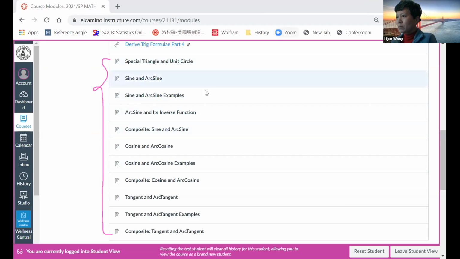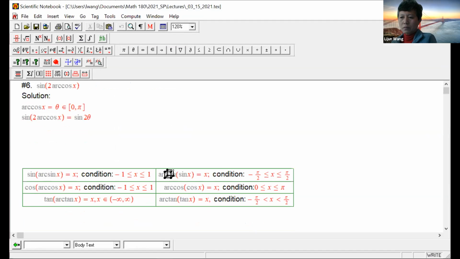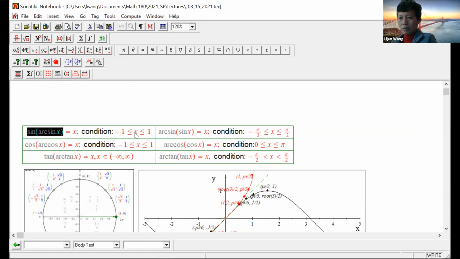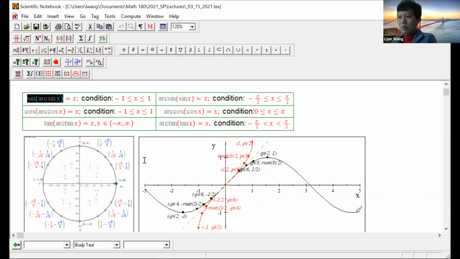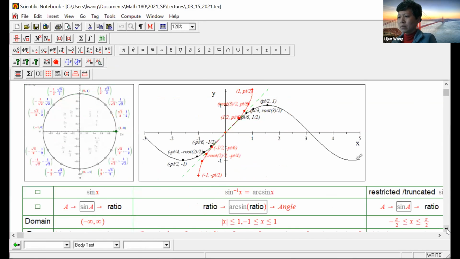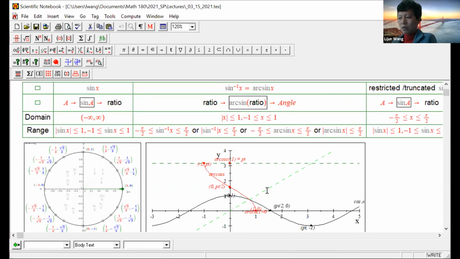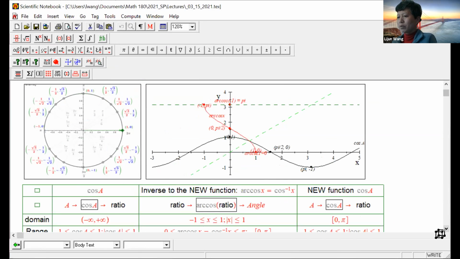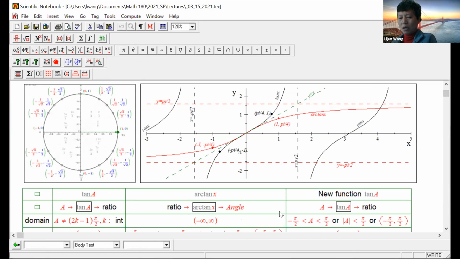Now, with that said and done, all of these are condensed into here: sine, arc sine, cosine, arc cosine, those tables we made in class, and tangent, arc tangent.